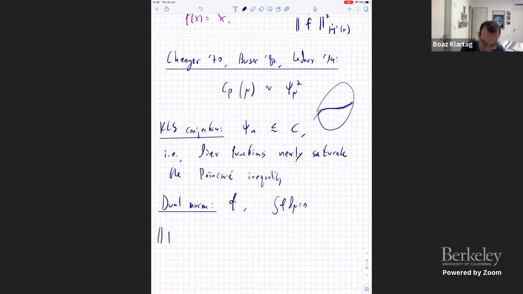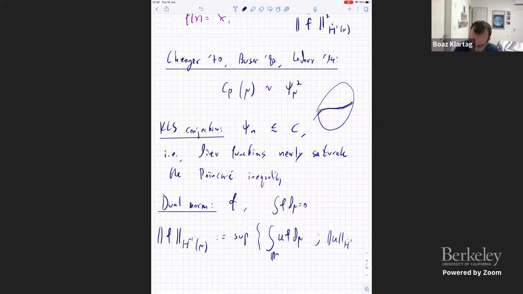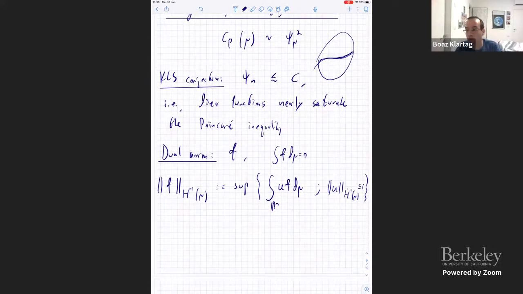Then the H minus 1 norm is the dual norm to the H1 norm. I look at the supremum over all functions u of the integral of u times f, over all functions whose H1 norm is at most 1.